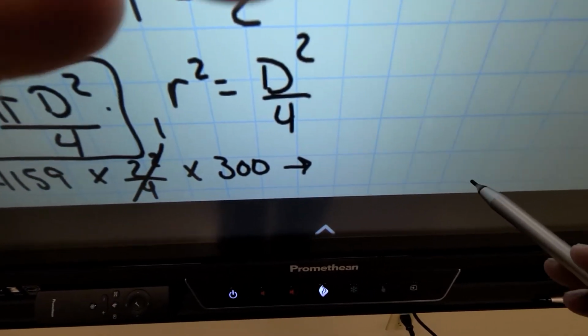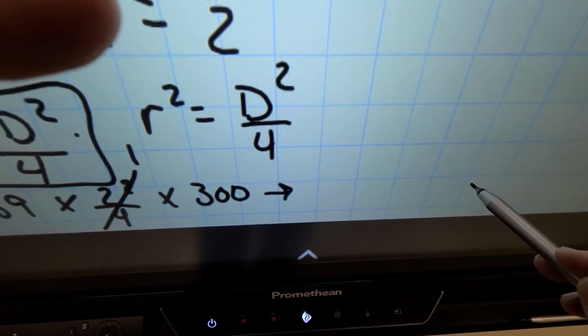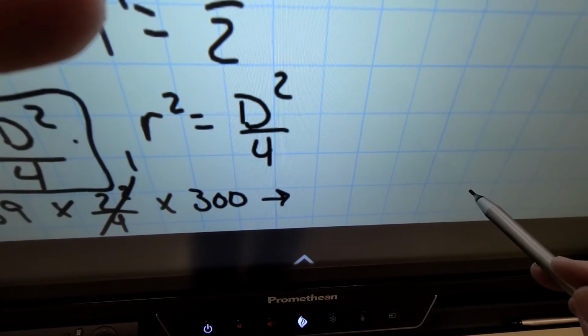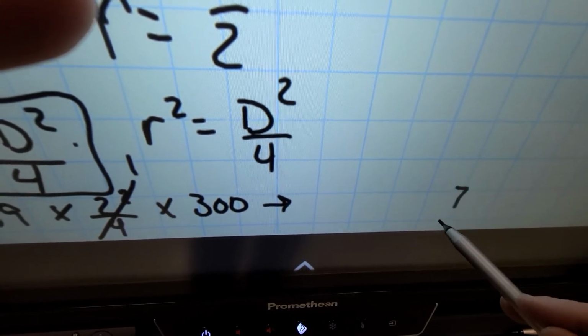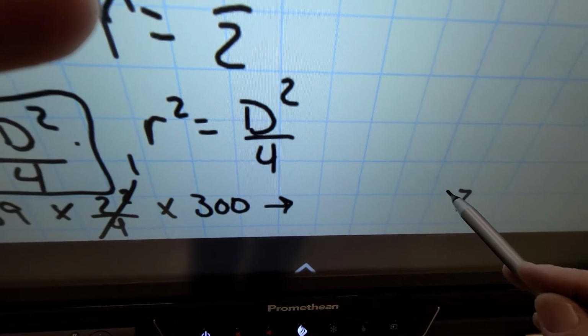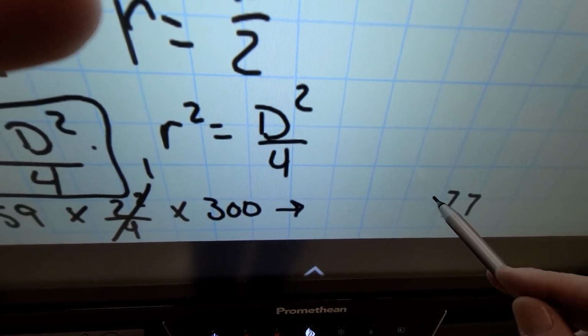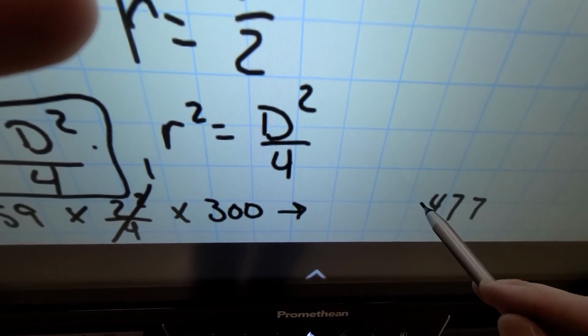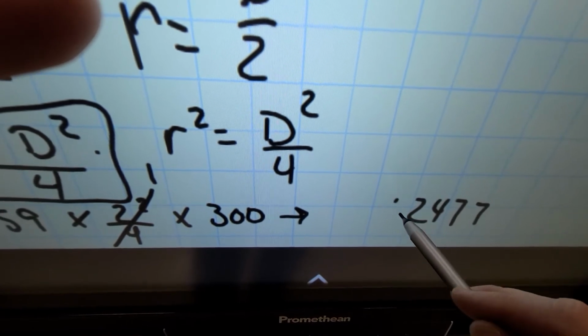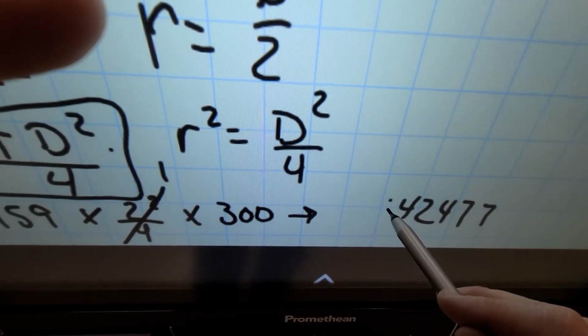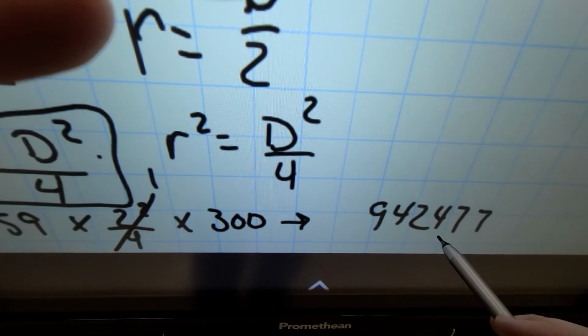Let's see if I can do the math in my head here. 3 times 7 is 27. That's a 2. That's 15. That's 17. That's a 4. 12, that's a 4, 9.